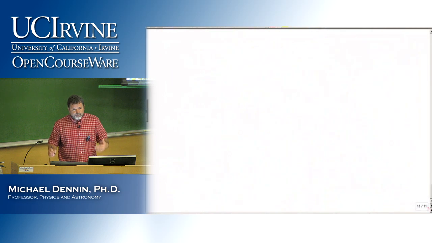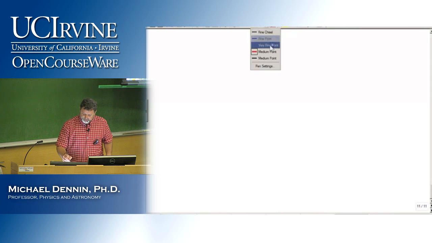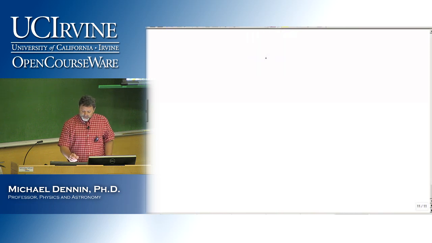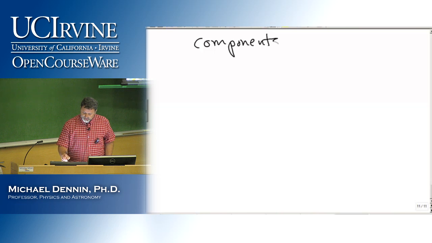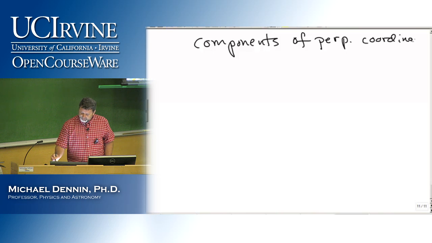So the big final message of all three demos, whether you realized it or not, is that components of perpendicular coordinates are independent.